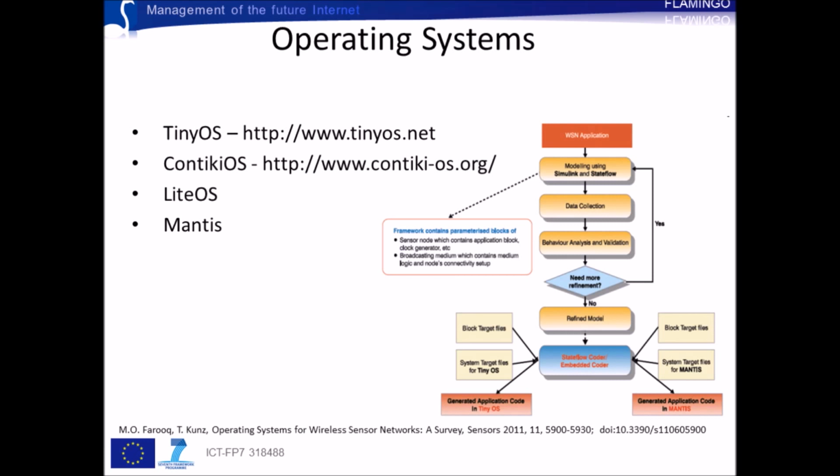It uses nesC, a programming language similar to C. In contrast, Contiki is Java-based and supports a different range of sensor nodes like TelosB or specially developed hardware. Other known operating systems for sensor networks are LiteOS and Mantis.